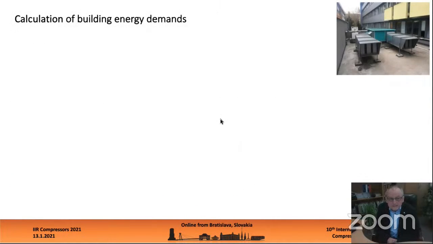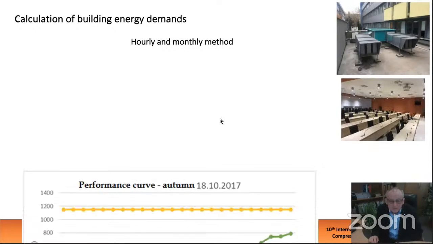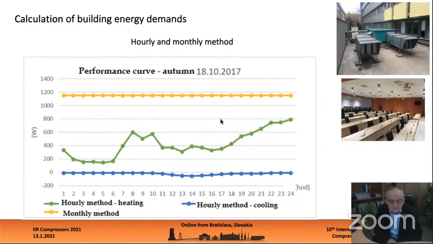Firstly, we have made a calculation of building energy demands also for heating mode. We have used hourly and monthly methods for calculating heat demands. When we used the monthly method, this yellow line, it means we have used the same temperature during all the months, during the night, during the day, and the energy demand was the same during every hour of the month.